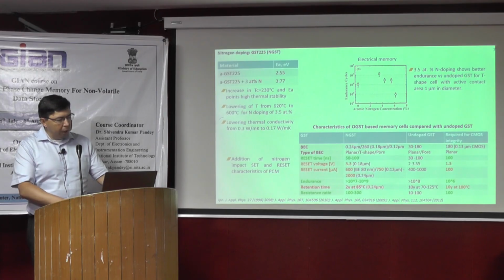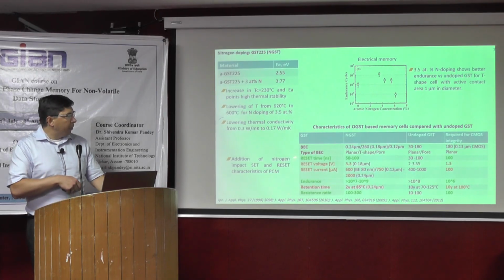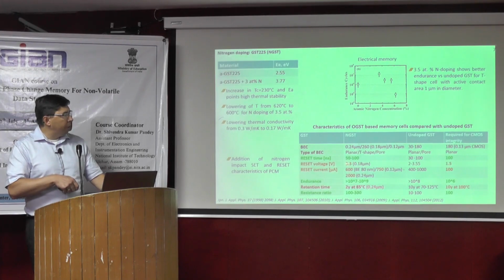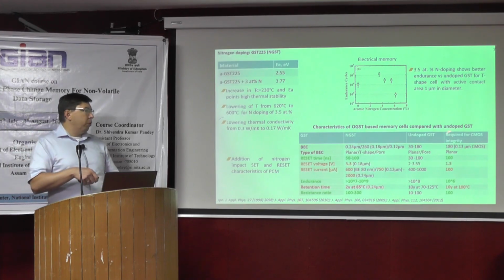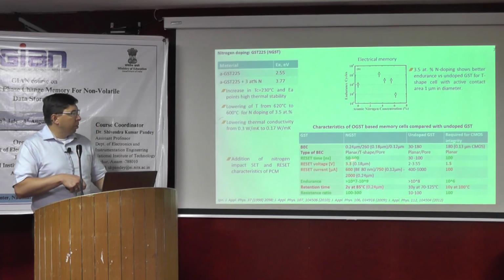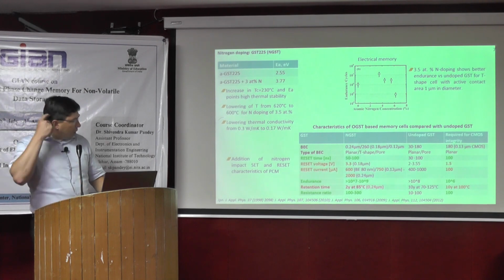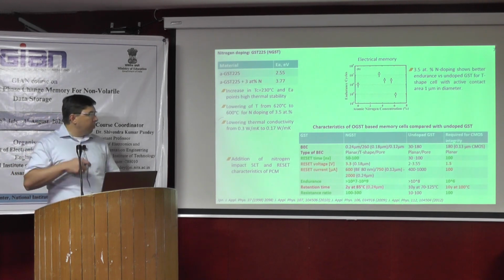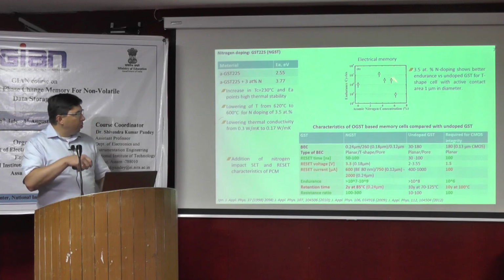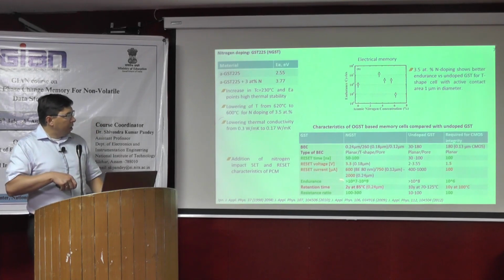They perform nicely, with a reset voltage on average of 3.3 volts, although the requirement for CMOS integration should be a little bit more. It has nice reset times, in the range of 50 to 100 nanoseconds, but the retention time of such a cell and the endurance, as I said, can be improved here, because it's between 10 to the 7 and 10 to the 9.